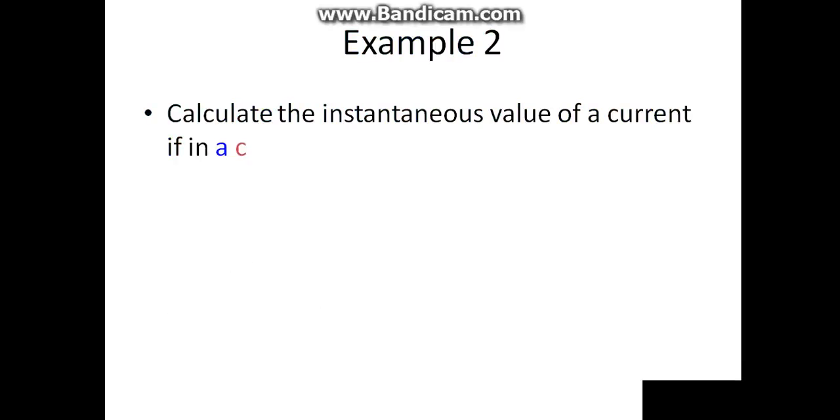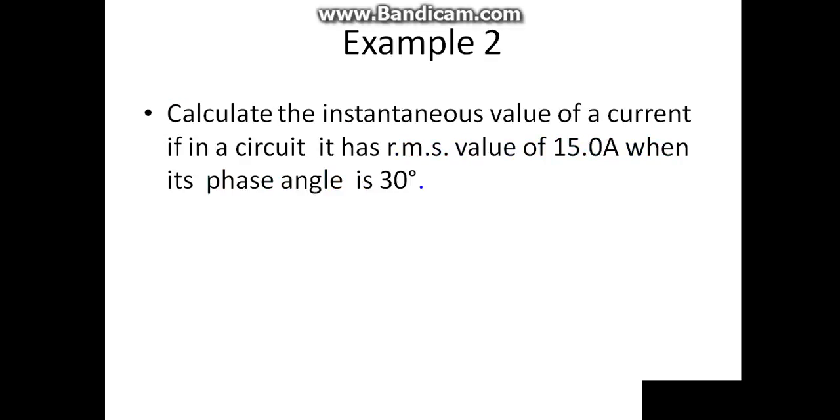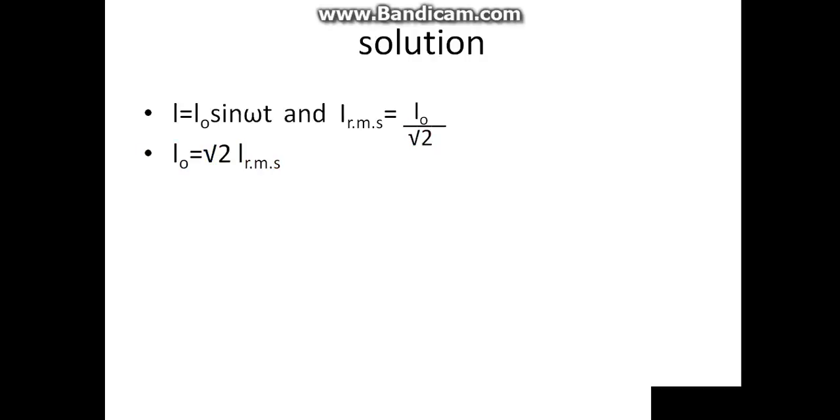Example 2. Calculate the instantaneous value of a current if in a circuit it has root mean square value of 15.0 amp when its phase angle is 30 degrees. Solution: I equals I0 sin omega t, and I root mean square equals I0 over square root of 2. I0 equals square root of 2 times I root mean square.